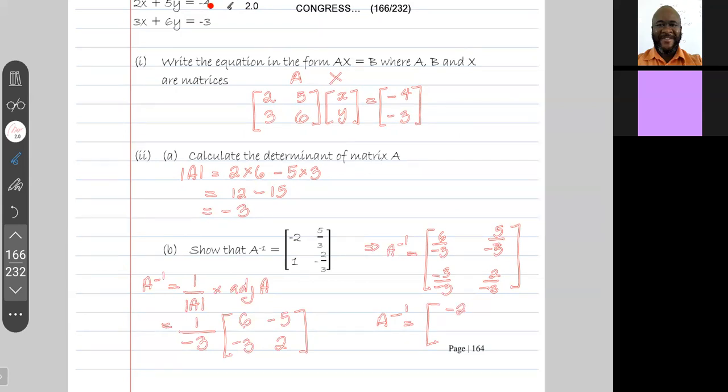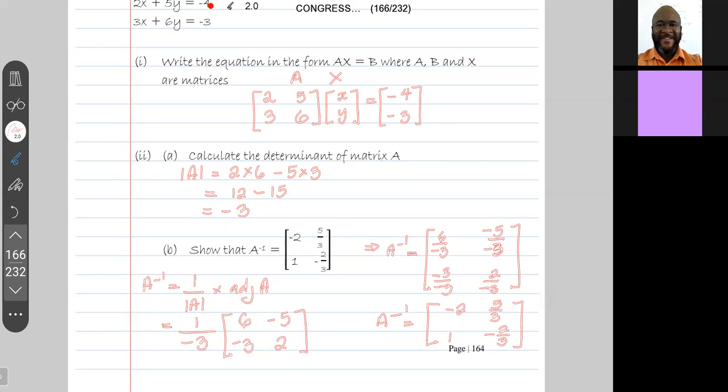A positive divided by a negative is a negative. A negative divided by a negative is a positive, so this is +5/3. And -3 divided by -3 is +1. And 2 divided by -3 is -2/3. So we're asked to show that A inverse is equal to that, and we nailed it.